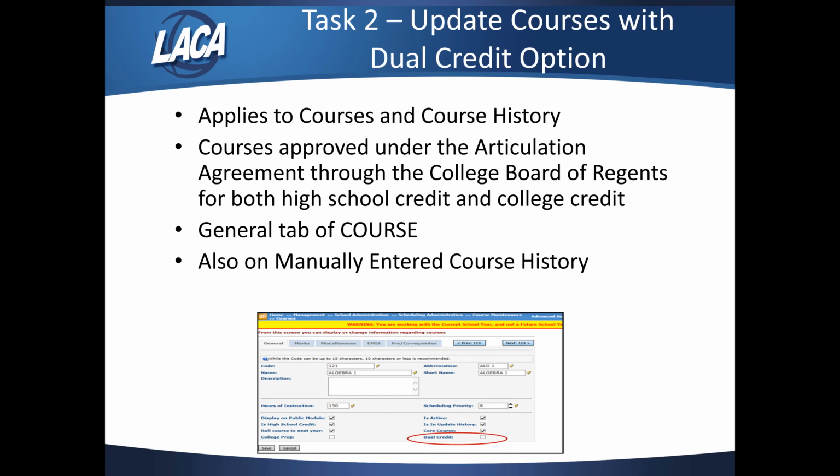So if you need to go back to a student's 9th grade record, then you would go back to whatever year they would have been in 9th grade, go into course history and make the change there, or go into courses and make the change there in that particular year. And then when you run the course summary update, it will update based on what it was at that particular year when the student took that particular course.